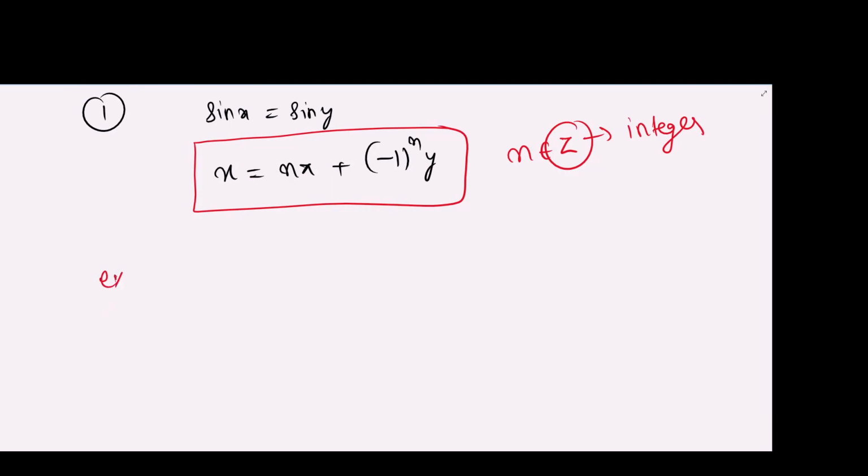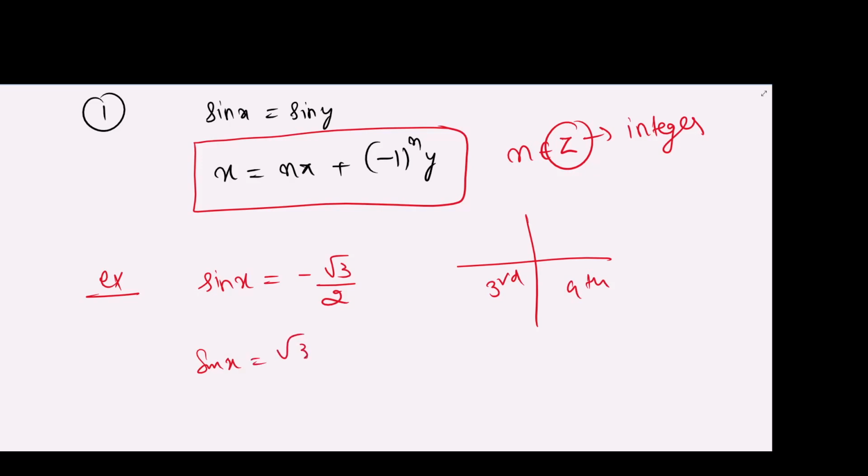Suppose we have the example sine x is equal to minus root 3 by 2. So sine x is negative in third and fourth quadrant, and we know sine x equal to root 3 by 2 implies x is pi by 3.